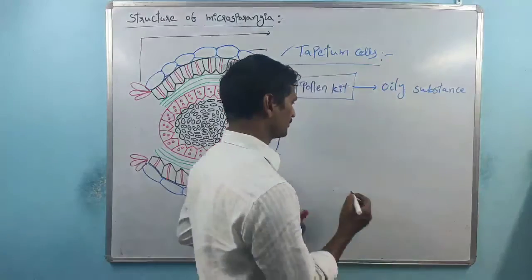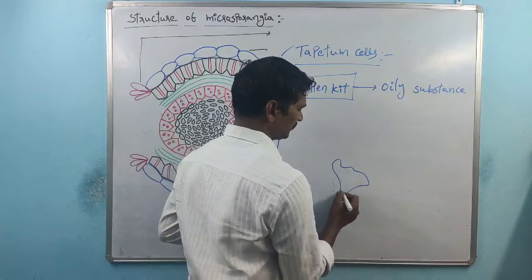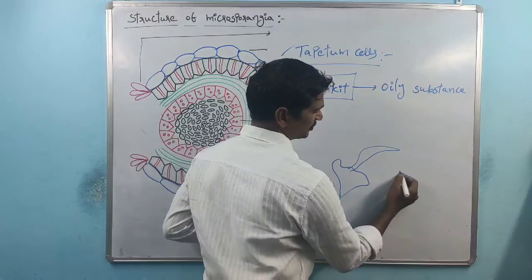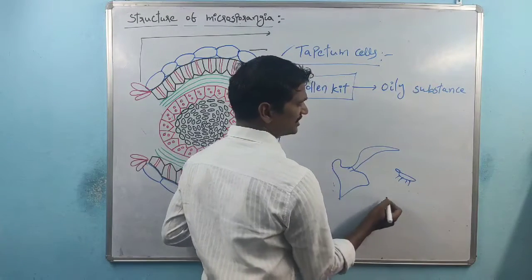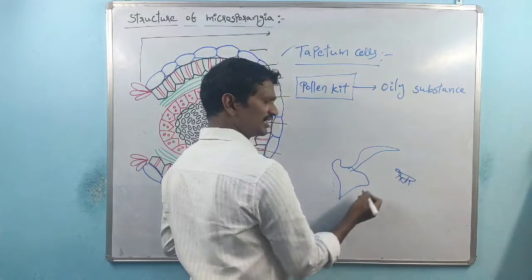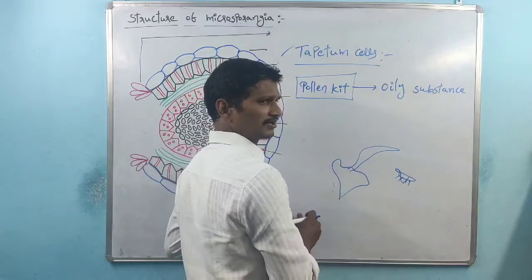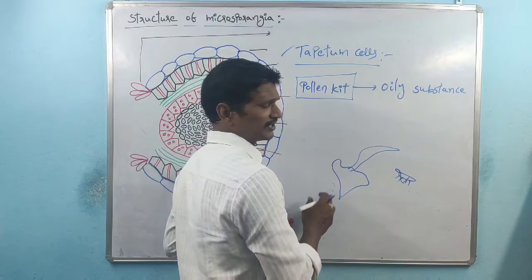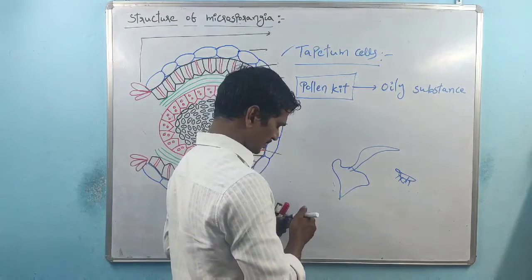Suppose this is one flower and this is another flower, and here is an insect. The insect comes and lands on the flower. We are discussing insect pollination here, how insect pollination takes place.